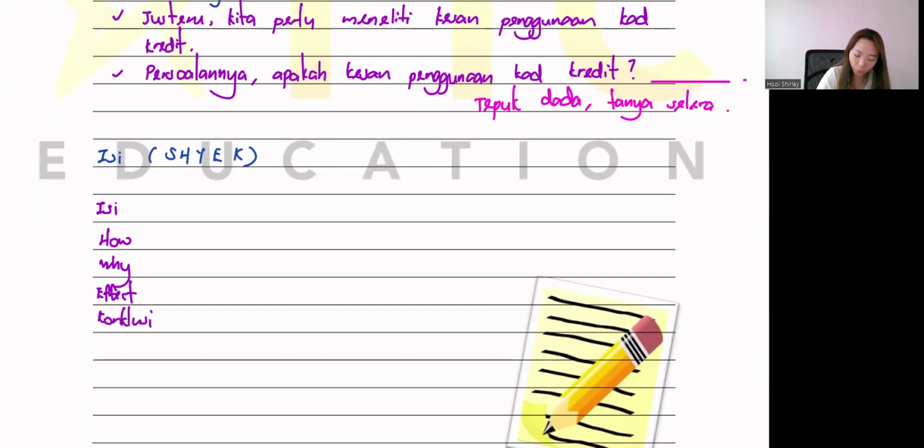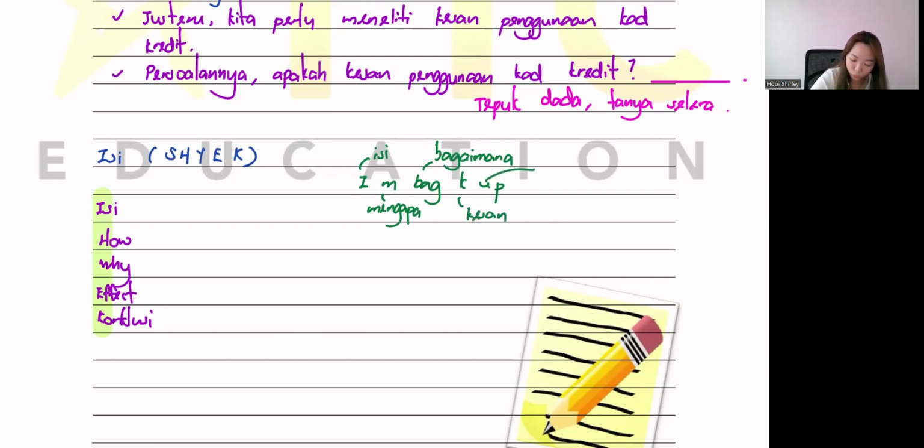Basically, for this part, it's the same as what you learned in school, the textbook technique about the imbaku. You know the imbaku, right? This is a textbook one. So the imbaku is isi, dan mengapa, dan bagaimana, kesan.